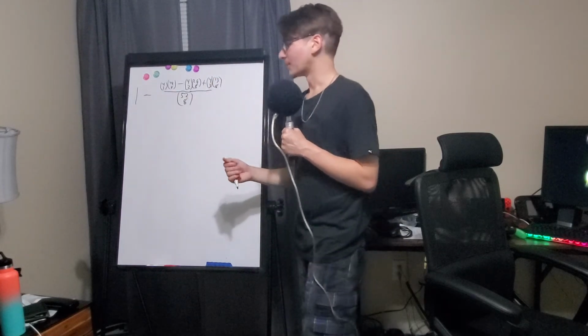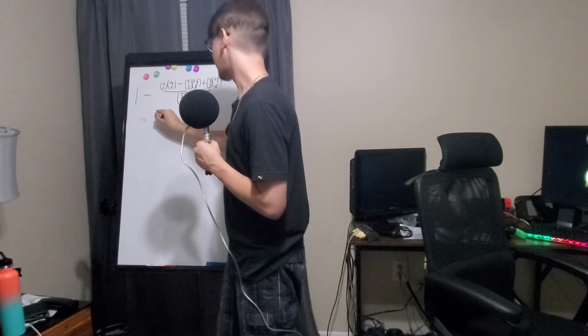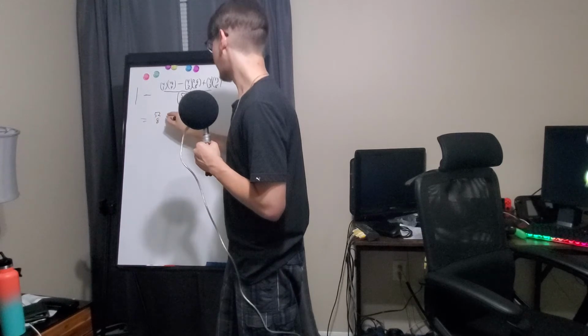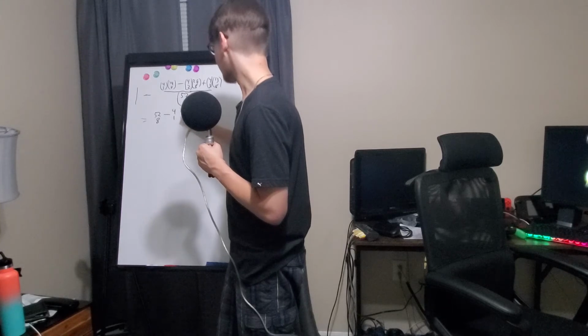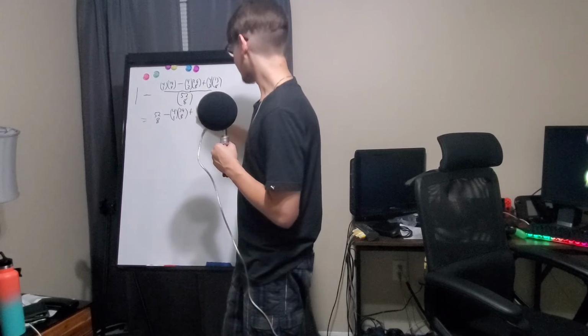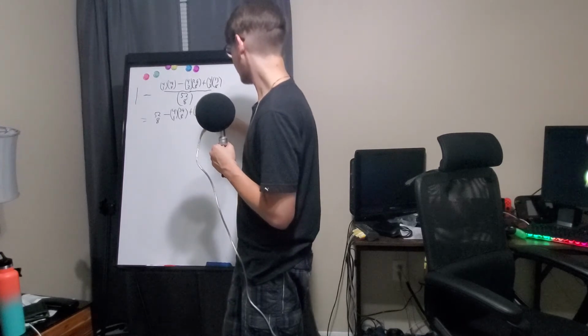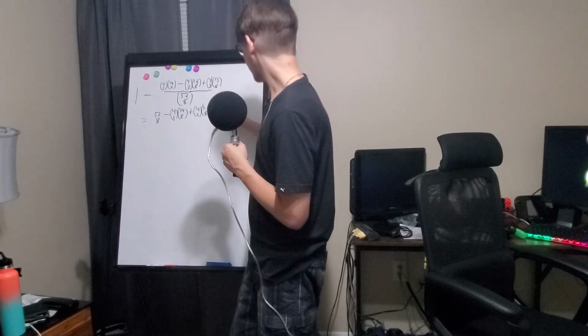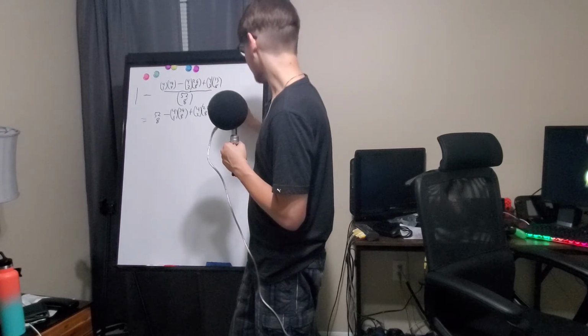And if you want to go even a step further, we can make this 52 choose 8 minus 4 choose 1 times 39 choose 8 plus 4 choose 2 times 26 choose 8 minus 4 choose 3 times 13 choose 8.